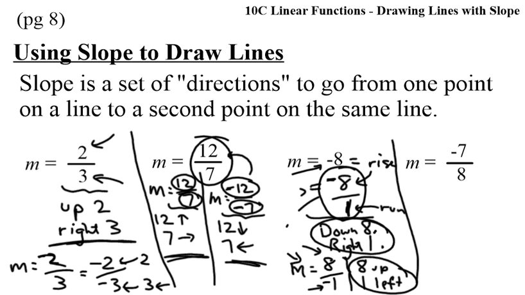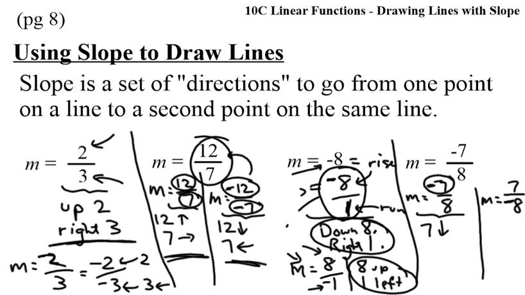The last one was a slope of negative 7 over 8, which would also be a slope of 7 over negative 8. 1 negative means it's a negative slope. Here the negative's on the rise, here the negative's on the run. What does this tell us for directions? Rise is negative, so it would be 7 down.